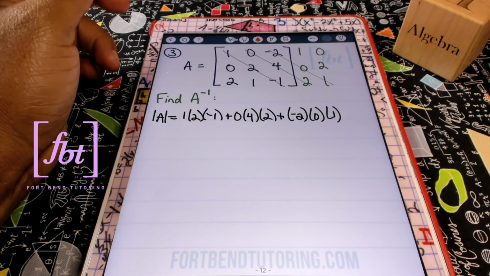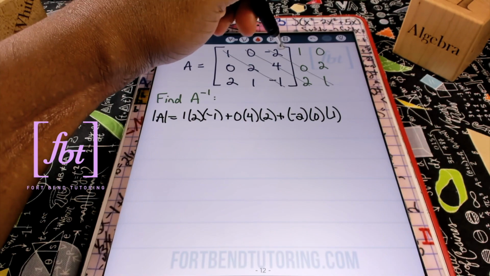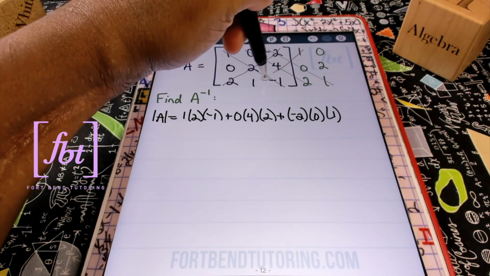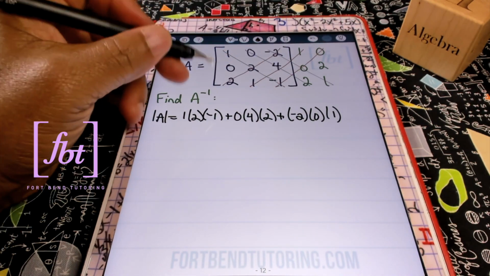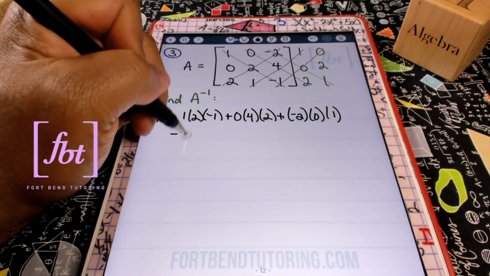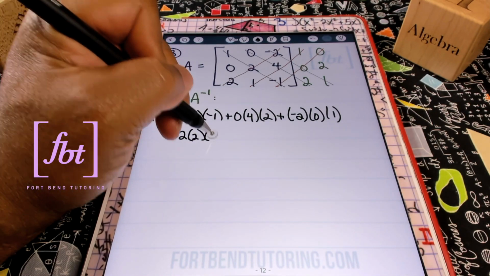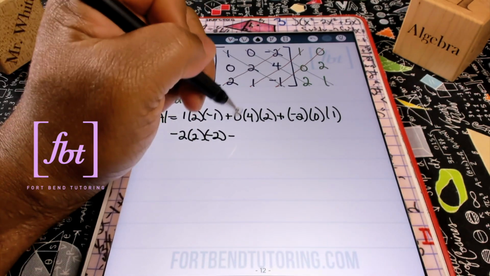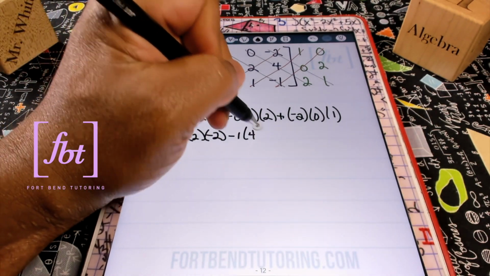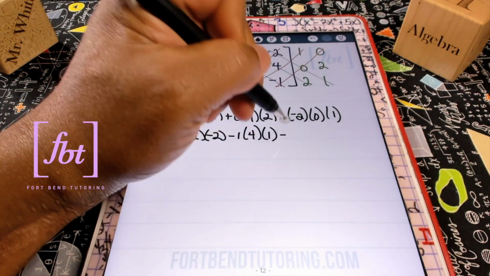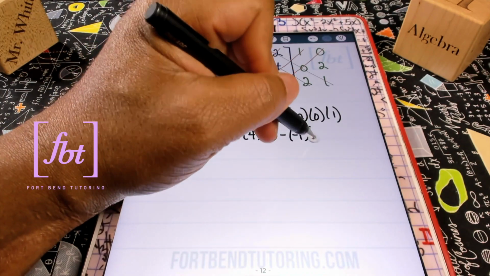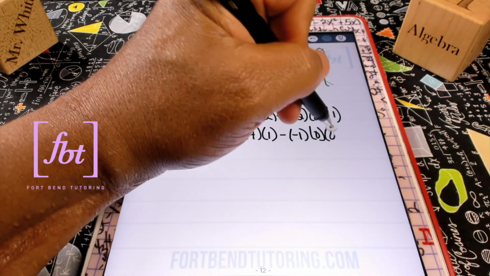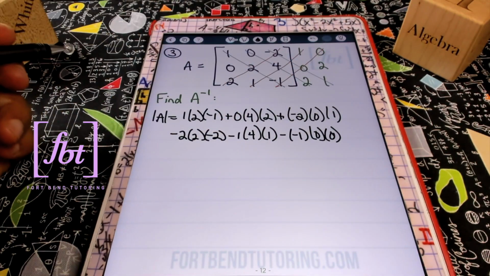Then I'm going to subtract from those products these diagonals right here. All right. So I'll have minus 2 times negative 2 minus 1 times 4 times 1 minus negative 1 times 0 times 0. Just like that.